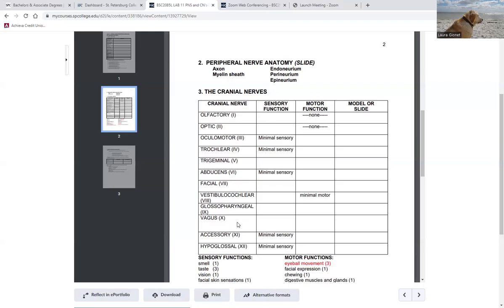It's the only nerve that serves anything really below the shoulders, not your legs, we're saying, in the chest and in the abdominal pelvic cavity. Sensory to those organs and motor to those organs.